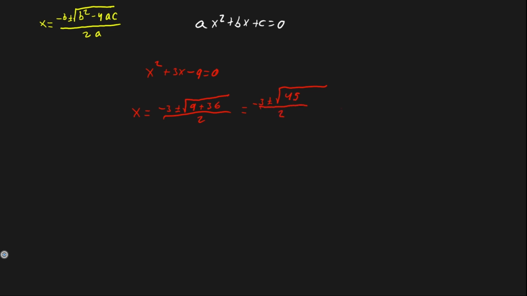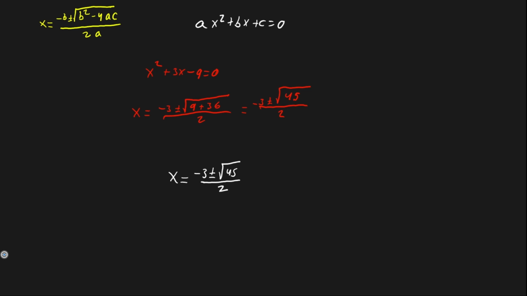And now we can't simplify our expression anymore. We could also try to simplify what's inside of the square root, but we're going to leave it like that since that is the expression we're going to have. So we basically get x is equal to -3 plus or minus root 45 all over 2.